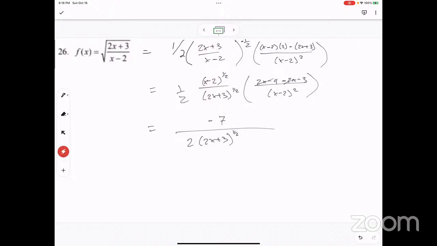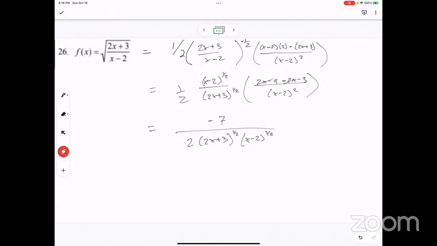And then this, I'm going to combine those together, subtract them, right? And then on the bottom, I would have x minus 2 to the 3/2 power. So it's the same thing.